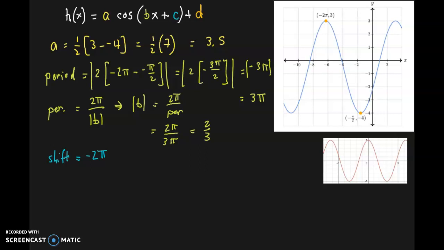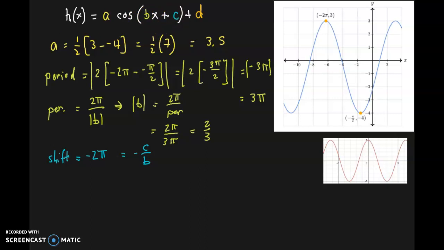But we also know that the shift equals minus c over b, where b is this number here that we've already calculated, and c is the number that we want to put here.